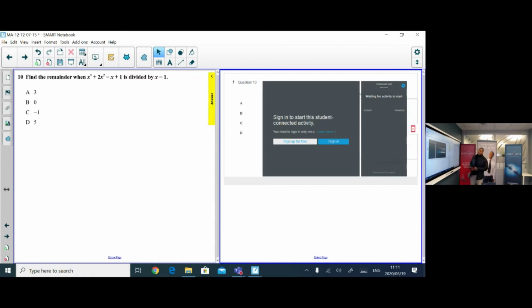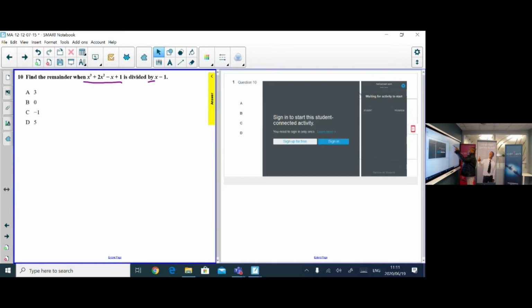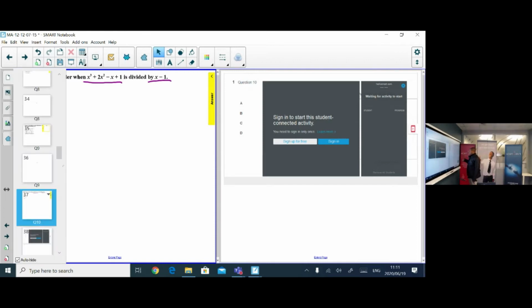So if you are using a piece of paper or your handbook, try to work out this question, dividing this by that, and we want to see what you can come up with. So do your best to cover that.